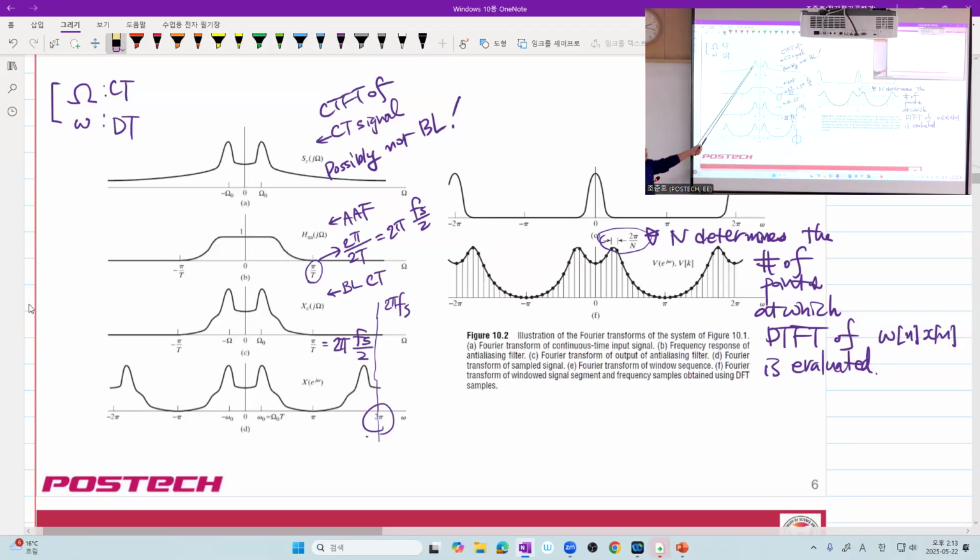Now, this signal is LTI filtered with a low-pass filter with a frequency response like this. So by the convolution theorem, you have the input signal CTFT to the CT to DT converter. So still a continuous time signal you have. And this one multiplied by that one is shown here.